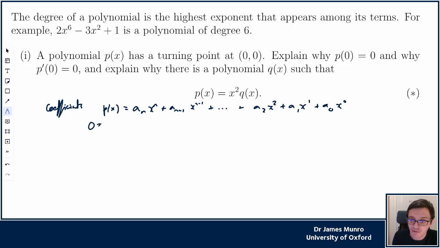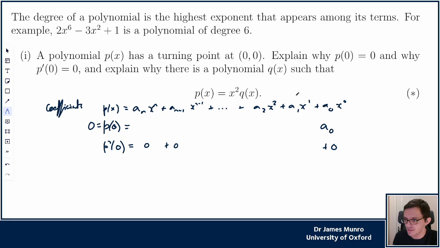We know that p of 0 is 0, but if I plug in 0 into any polynomial, most of the powers of x are just going to give me 0, so I'm just going to get a0 on the end. So this fact that p of 0 equals 0 means that a0 is 0. In a similar way, if I try working out p prime and plugging in 0, then most of the time I'm going to get 0. This term on the end differentiates to 0.